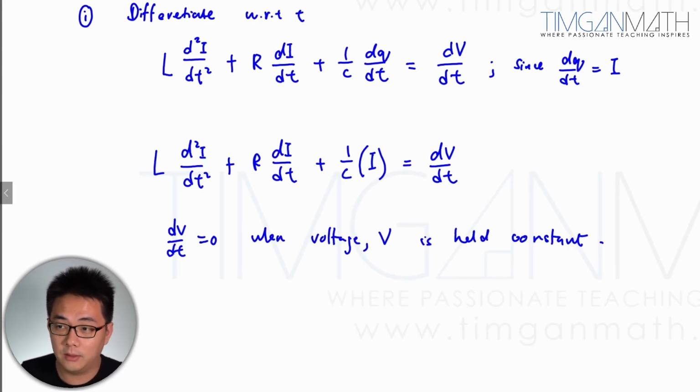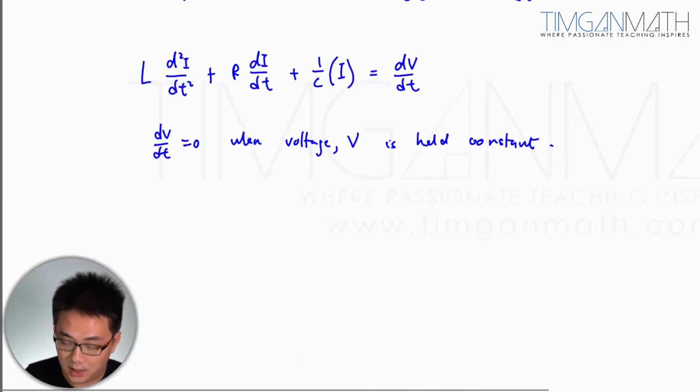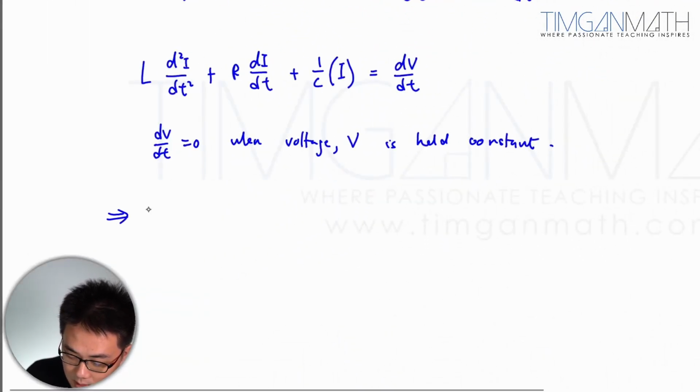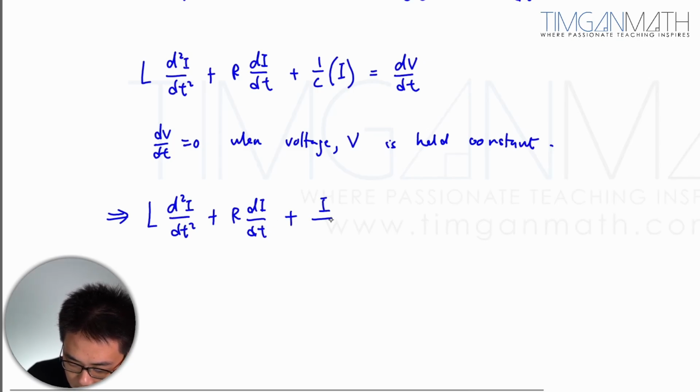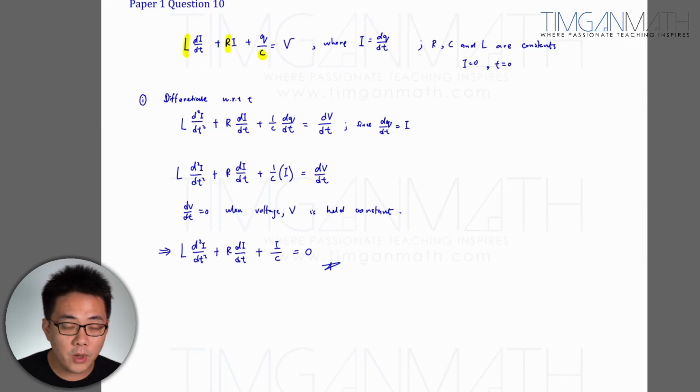Hence this will just be L d square I over dt square plus R dI over dt plus I over C equals 0. That's it, 2 marks. The key point here is to state that the voltage is held constant, and also differentiate with respect to t to get the second derivative.